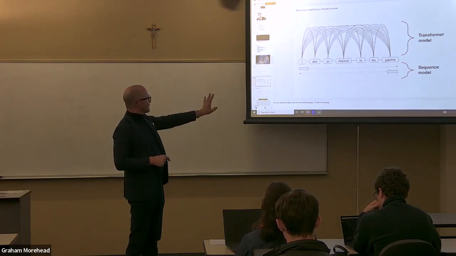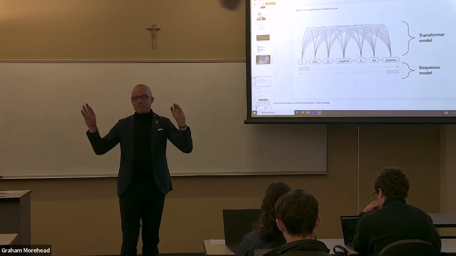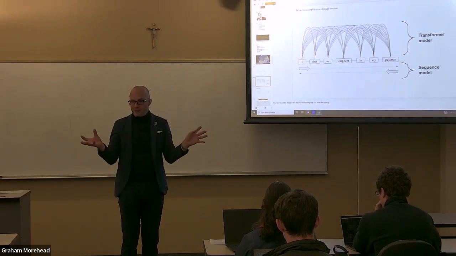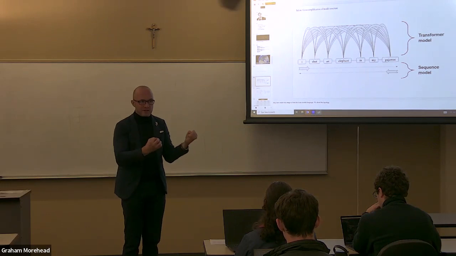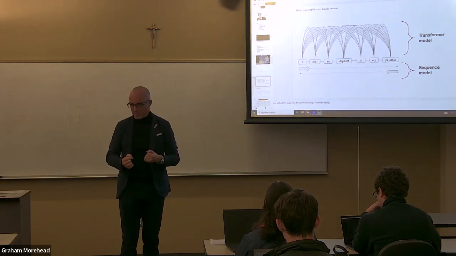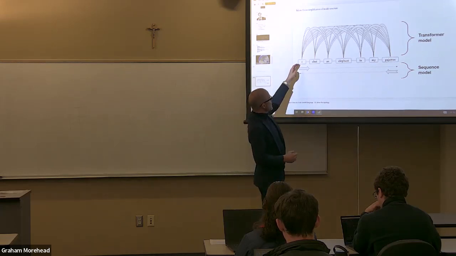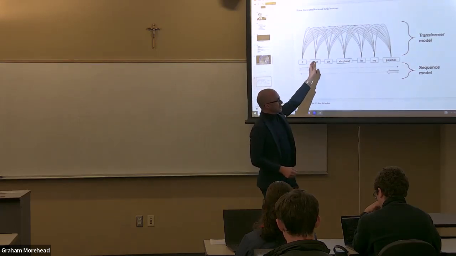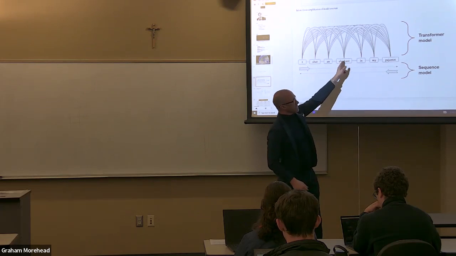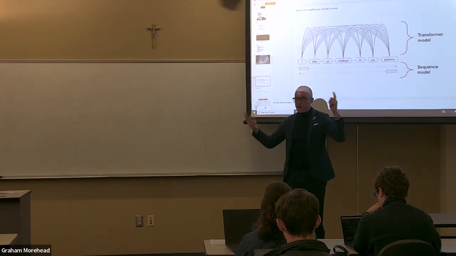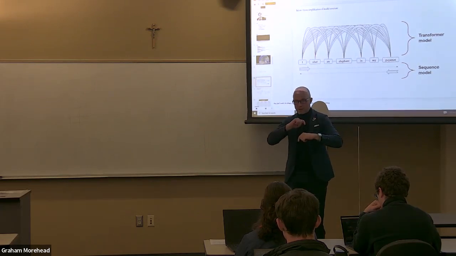Now we're going to get into it, but this is a super simplified idea of it. Every word pays attention to every other word. Therefore, in a sense, I is as close to pajamas as elephant is, right? Because they're all directly connected to each other.